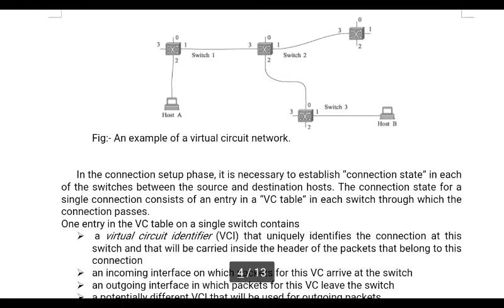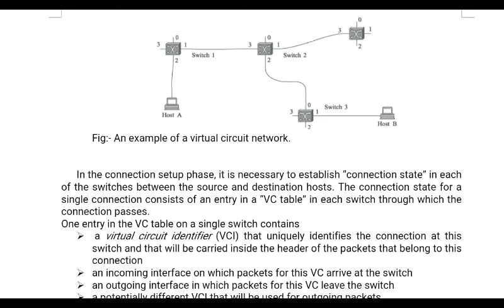So in the connection setup phase, it is necessary to establish a connection state in each of the switches between the source and the destination host. So they are all going to make an entry in their virtual circuit table for this particular connection ID. So for this destination host, on which side this packet has to be forwarded to reach the destination. The connection state for a single connection consists of an entry in a virtual circuit table.